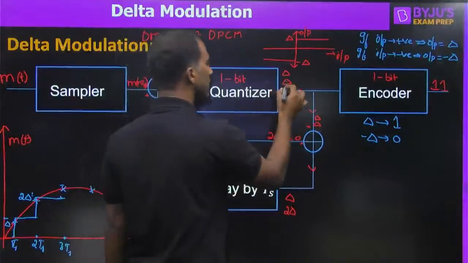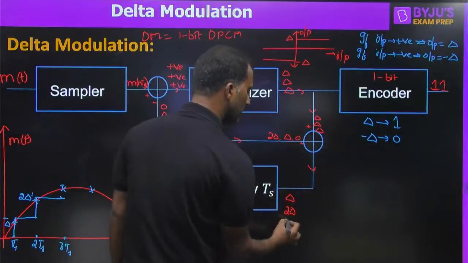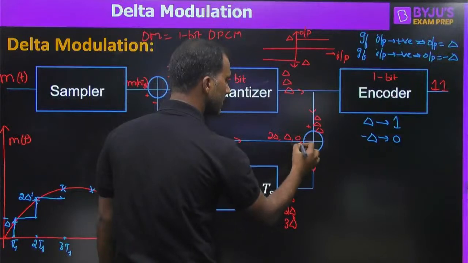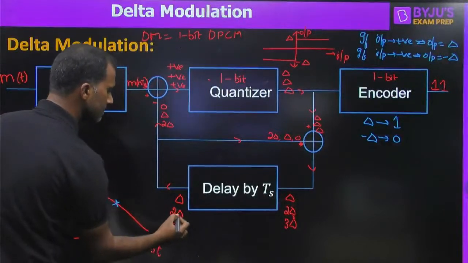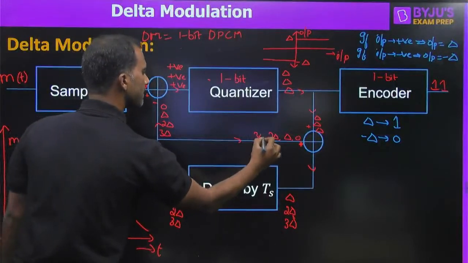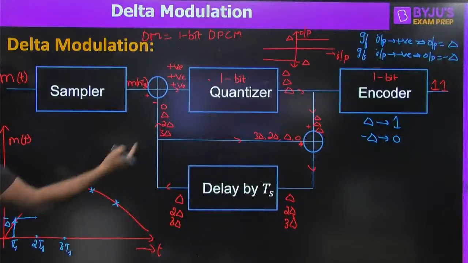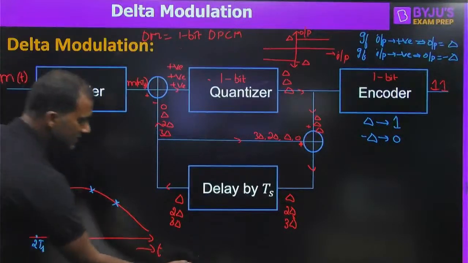If it is positive here, the output of quantizer will be delta, and here also it will be delta. Delta plus 2 delta will become 3 delta, because it is addition that is happening. 3 delta comes here, 3 delta goes here and here, okay, and 3 delta is here. Next, in the feedback, the signal that we are having is 3 delta.